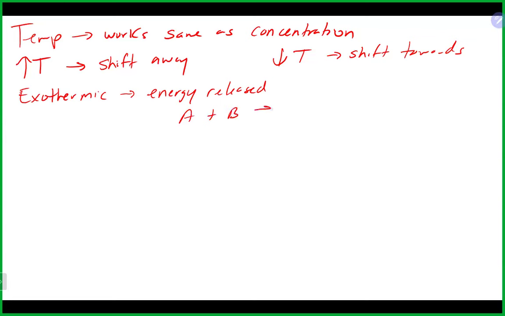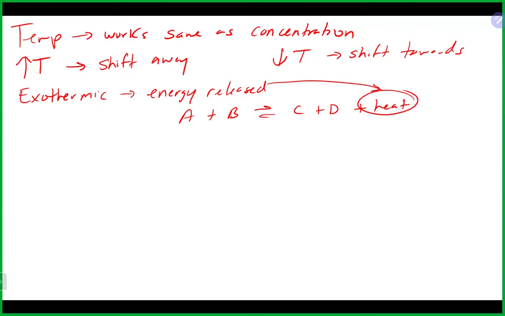So if we have an exothermic reaction and increase the temperature, it should shift to the left. If we have an exothermic reaction, decrease the temperature, it should go towards the heat and shift to the right in this case.